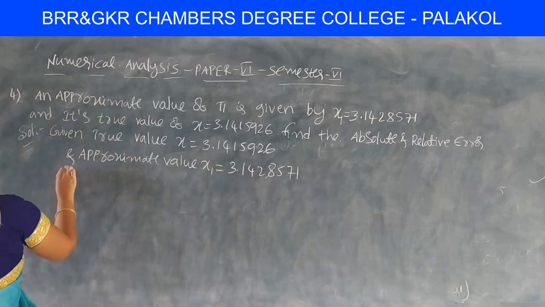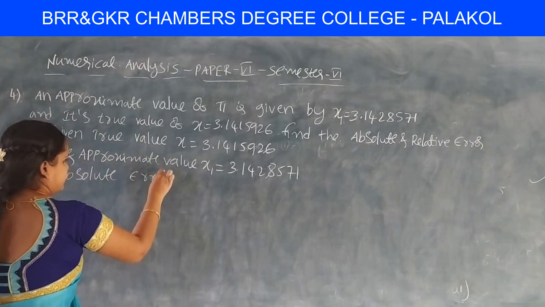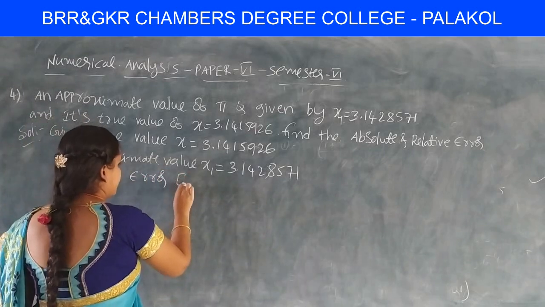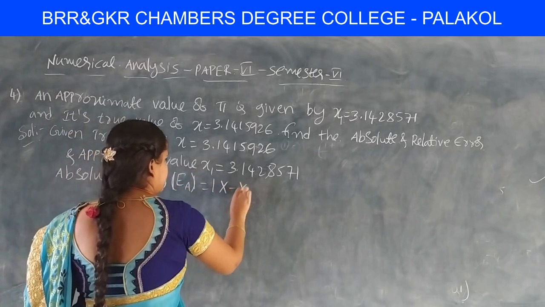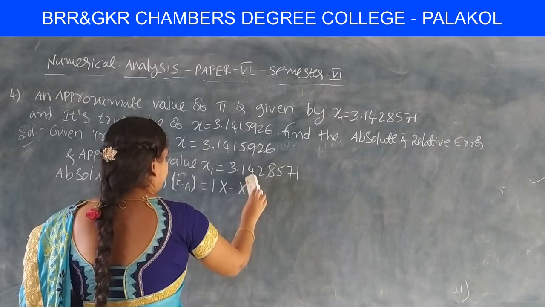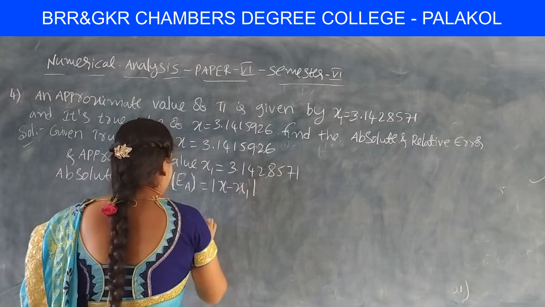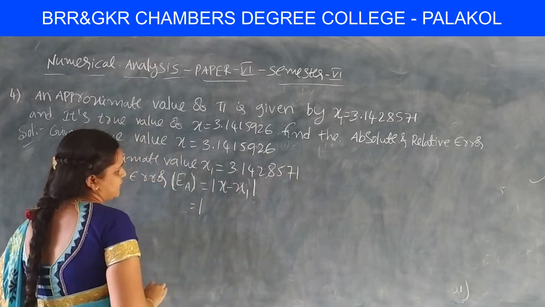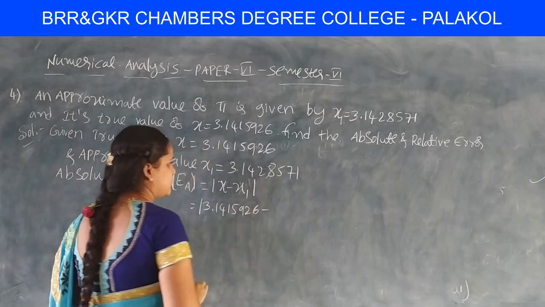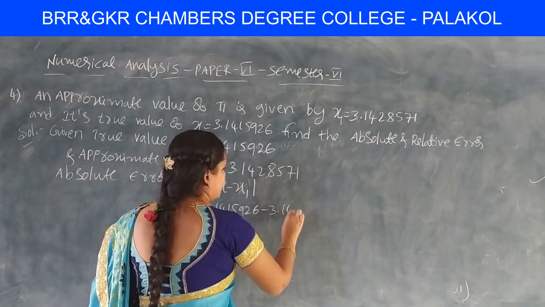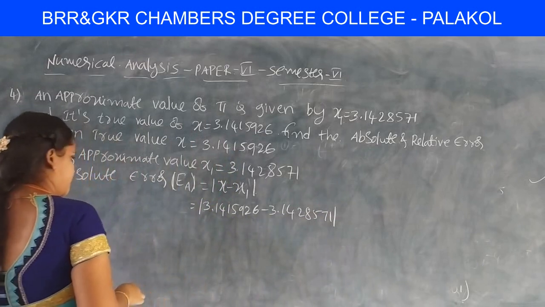Now absolute error EA is equal to modulus of x minus x dash or x1, modulus of x minus x1 is nothing but modulus of 3.1415926 minus 3.1428571. Solving this depends on the Casio.